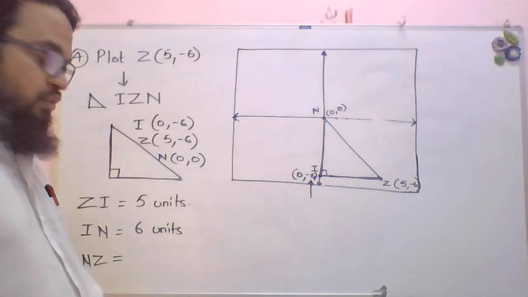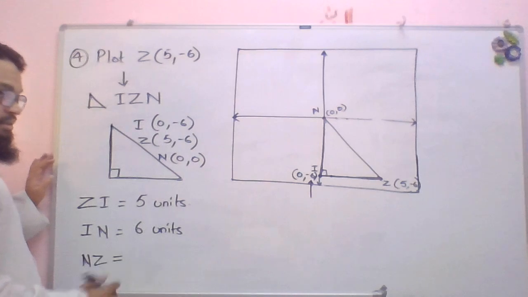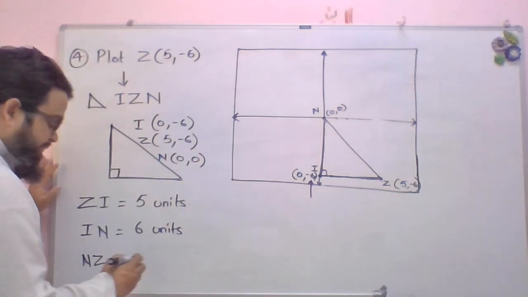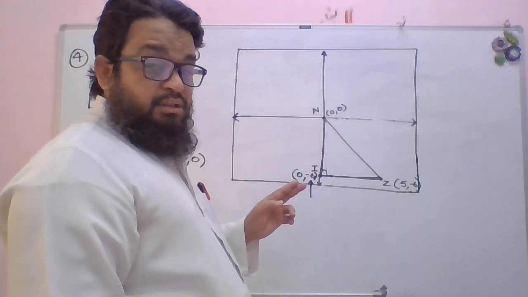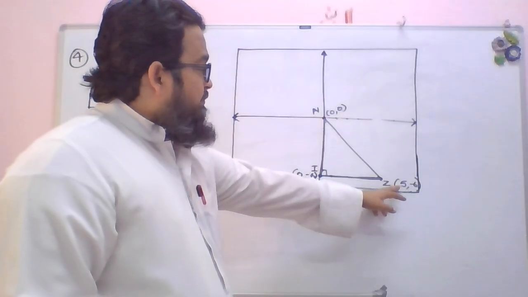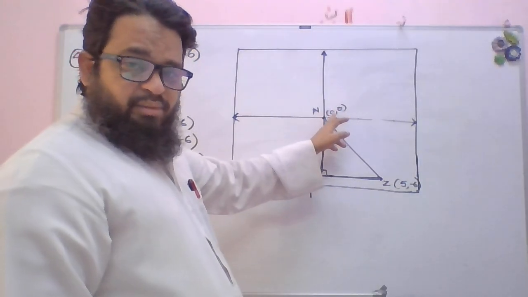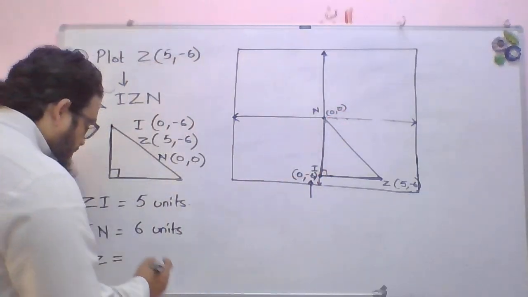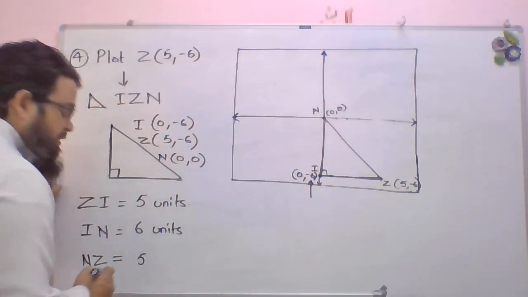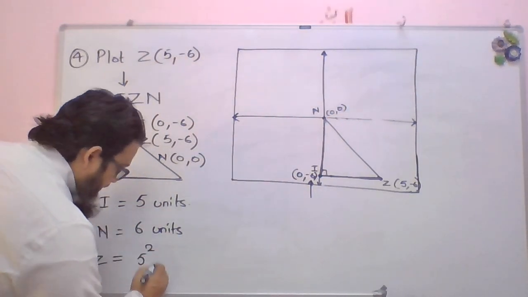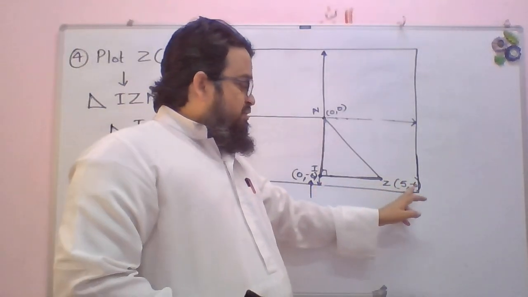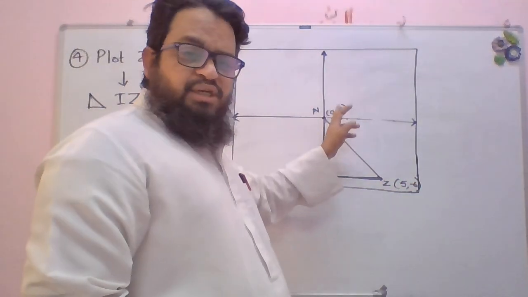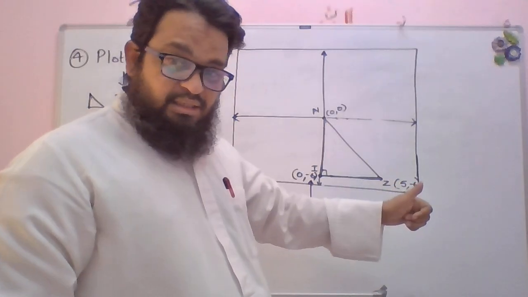So here we have to find the distance. So what is the first step? You have to find the difference of x coordinates. 5 minus 0. What is 5 minus 0? 5. Okay. And after that, square it, 5 square, and plus. Next, this is -6, smaller than 0. So 0 minus of -6 is +6.